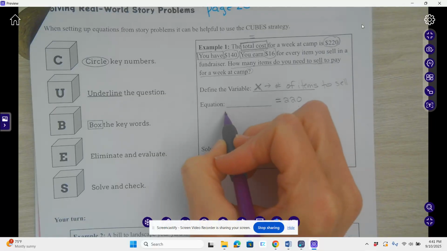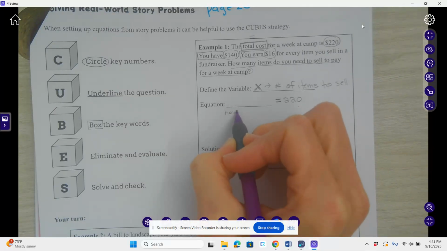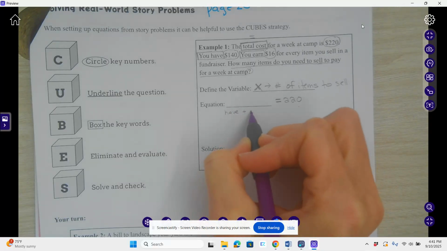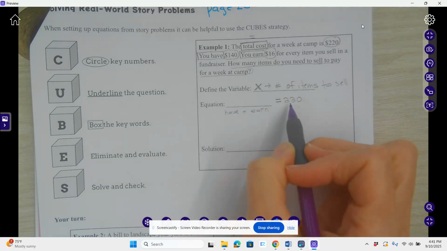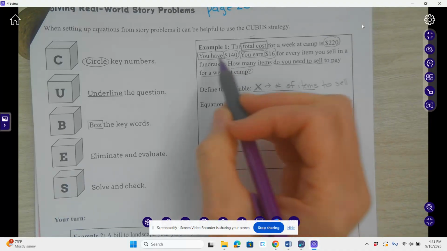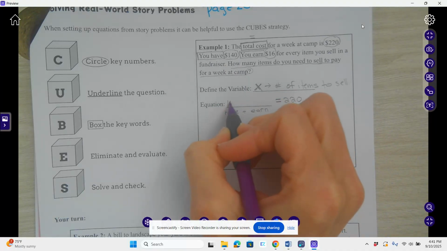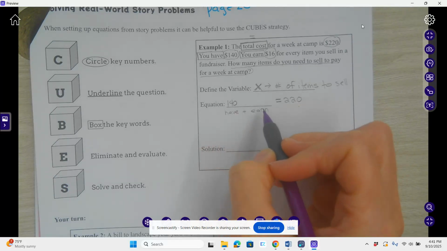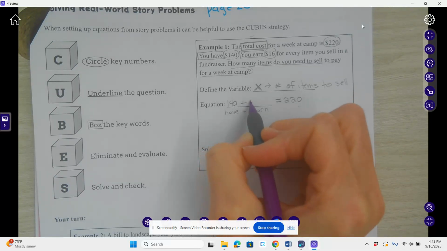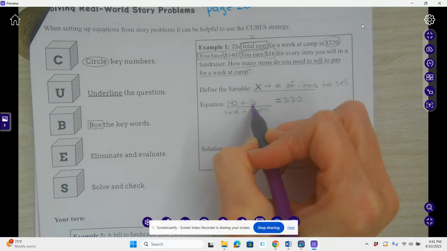So I'm just going to say what I have plus what I can earn. So there's two ways I can pay this $220. What I have is 140. And what I can earn is $16 for every item I sell.